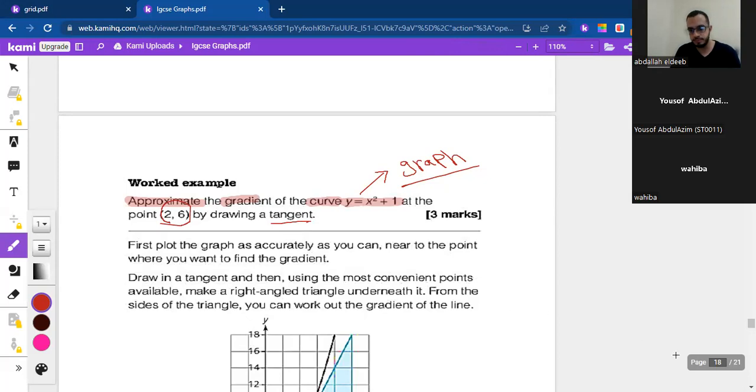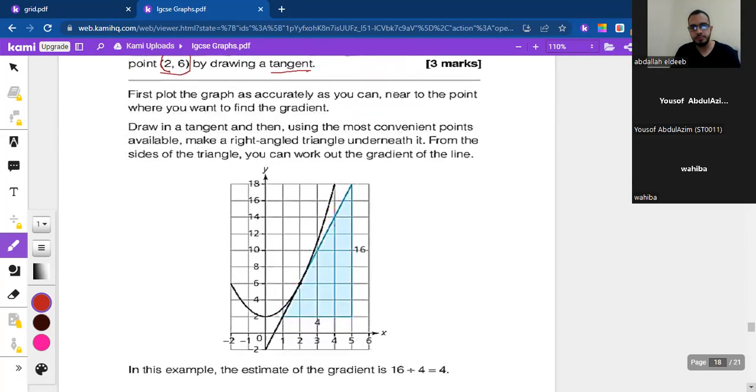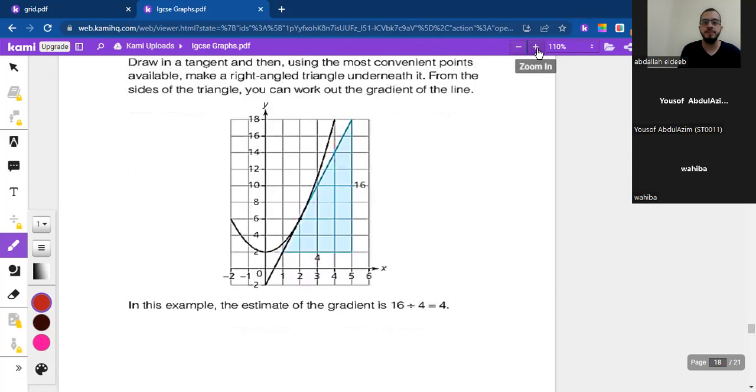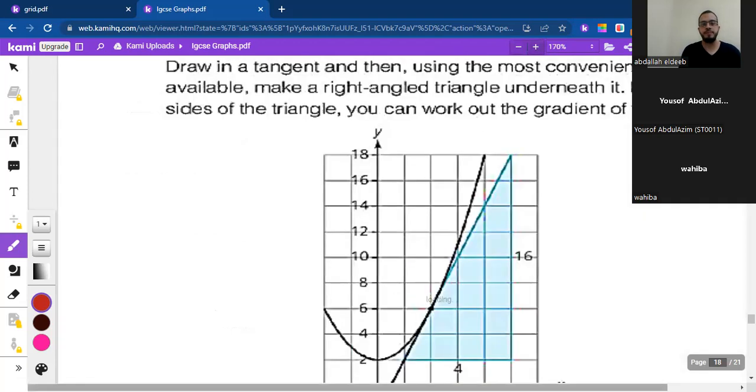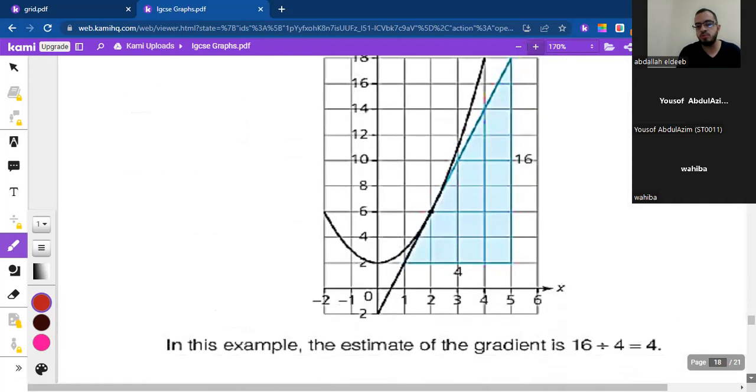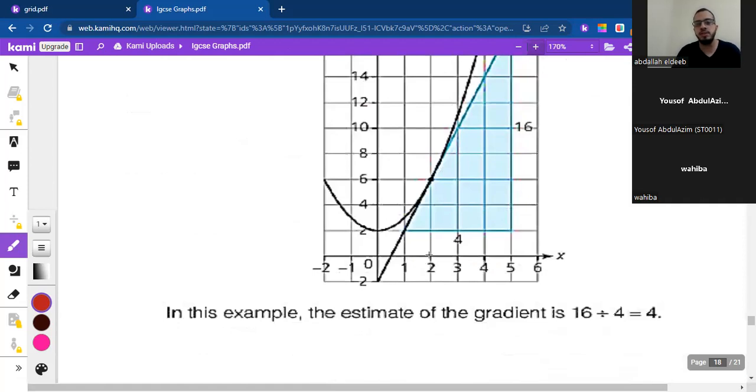What does it mean? You draw the graph. Where is 2, 6? 2, 6 is here. Then you draw a tangent. What is a tangent? A line that touches the graph at a certain point, which is 2, 6 here.